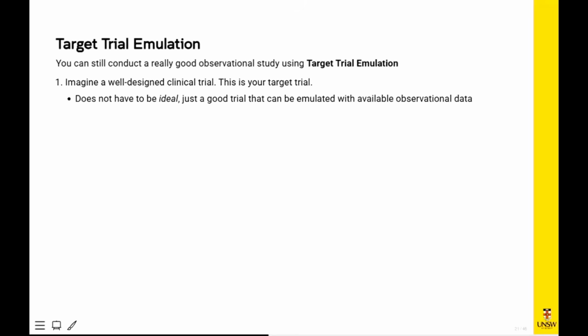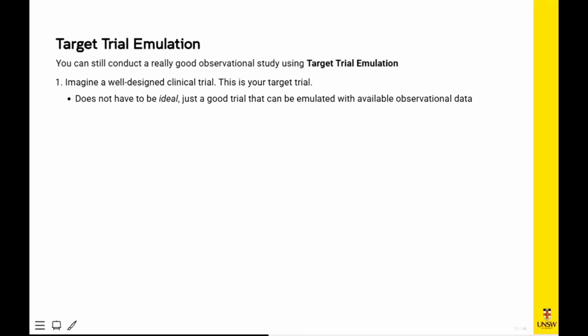So you have a set of observational data, and you know that you want to study a particular association. How would you, if you were going to be able to design a trial, design that trial in a really good, robust way, given the information that you know you can access in your data set?